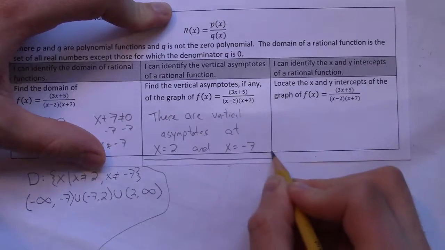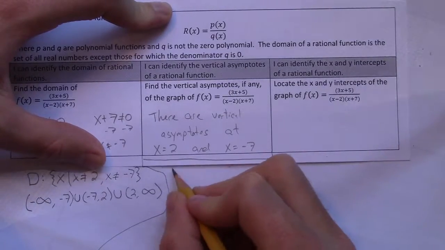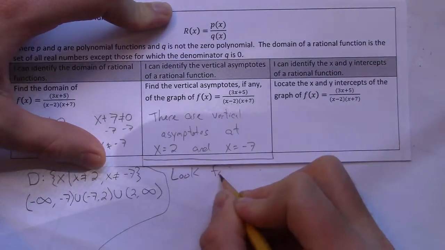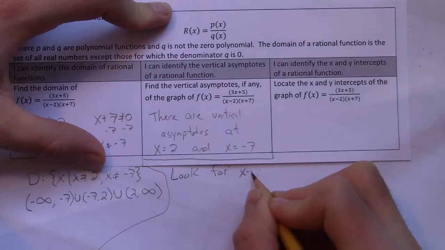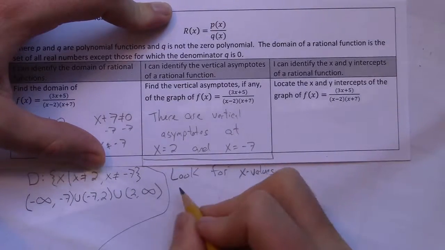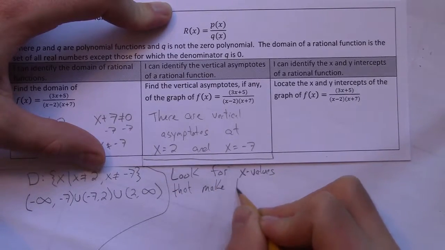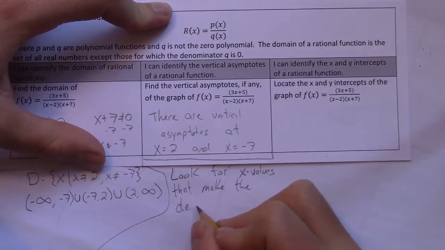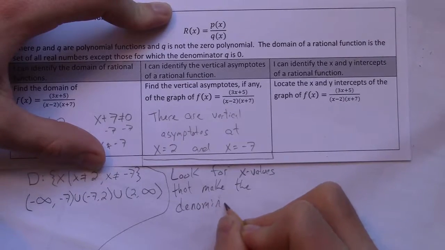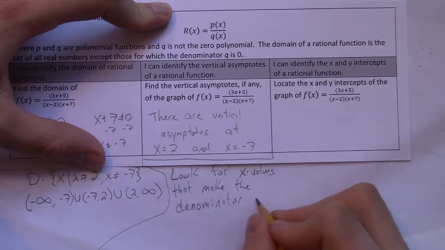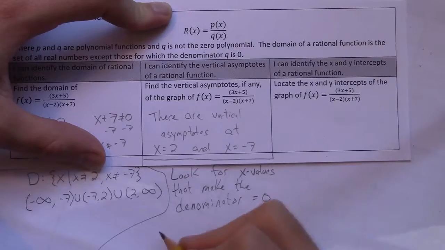So what I mean by that is, I'm going to write some directions for how to find vertical asymptotes, but I'm going to put a clause there. Look for x values that make the denominator equal 0, right?